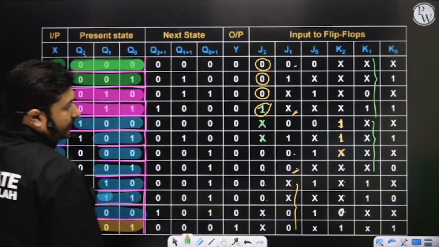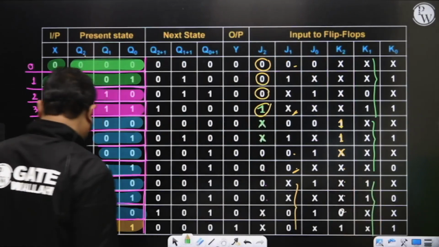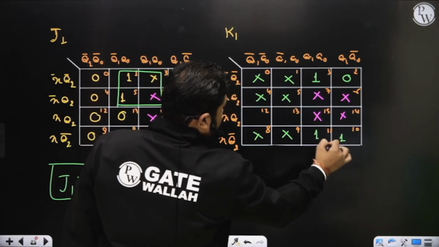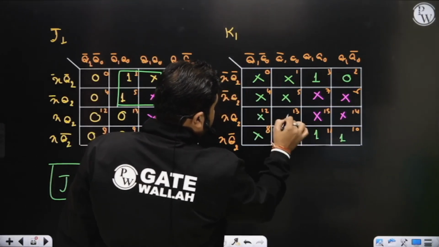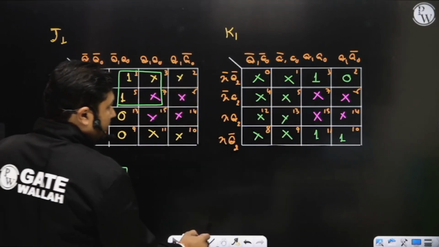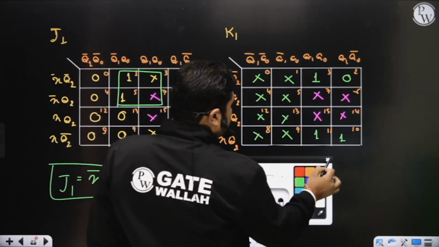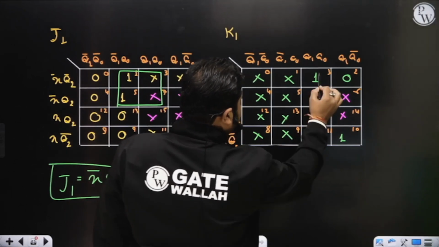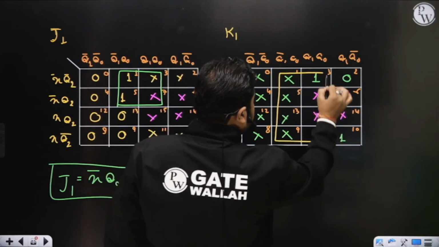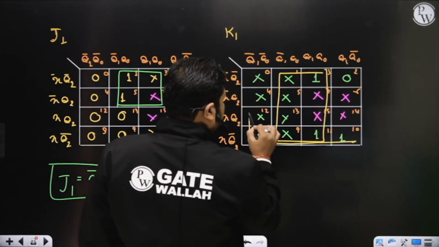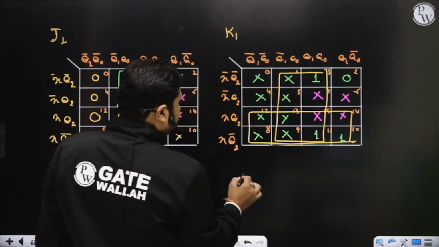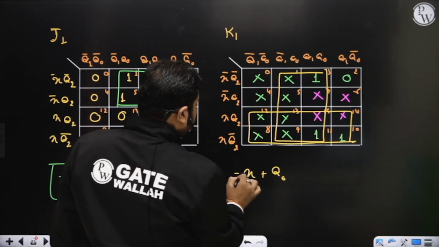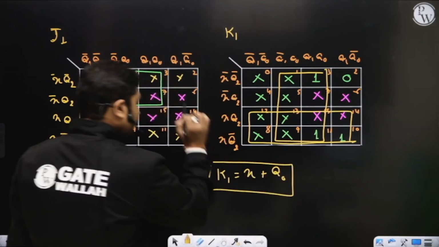Then again double 1, don't care, don't care. So is there any octet possible? Yes sir. We can have one octet here, and again this octet is possible. With the two octets we are getting x plus of q naught as K1. Is it okay?